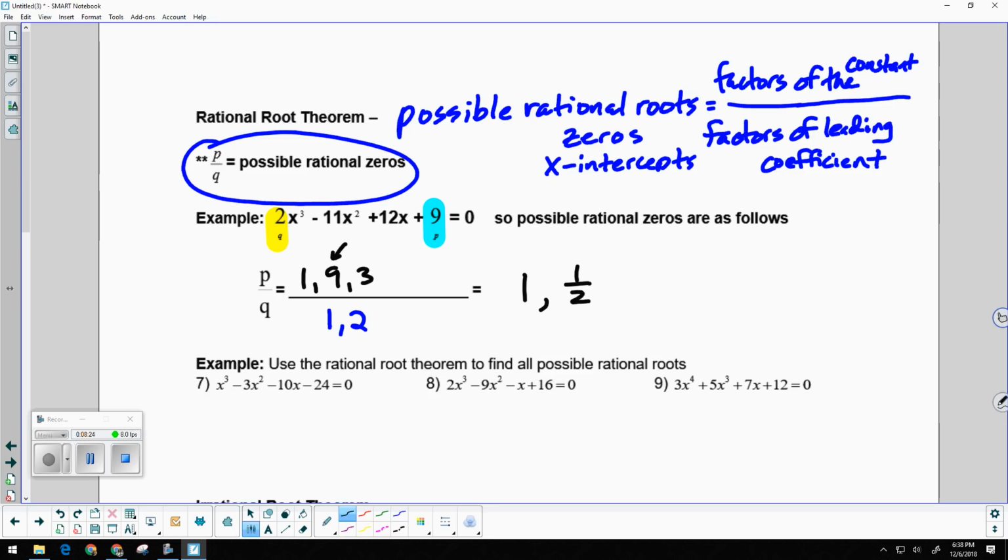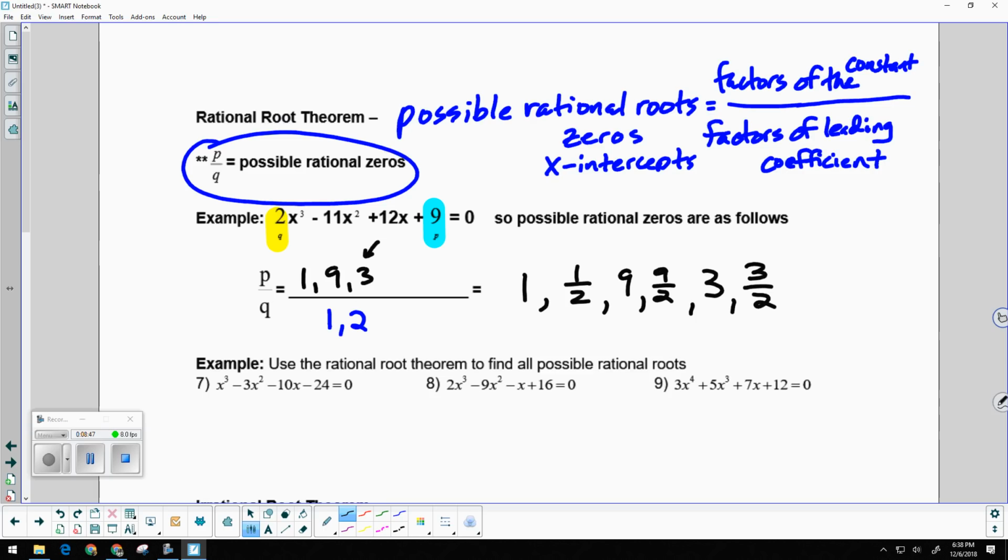I'm going to take 9 and divide it by everything in my denominator. 9 divided by 1 is 9. 9 divided by 2, we're going to write it as 9/2. And then lastly, do everything with that third factor in the numerator. 3 divided by 1 is 3. 3 divided by 2 is 3/2.